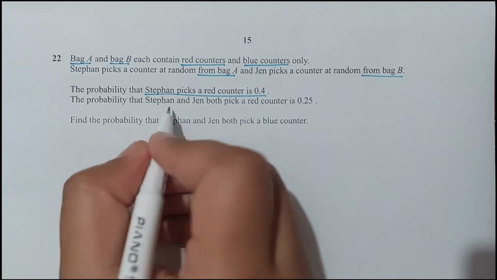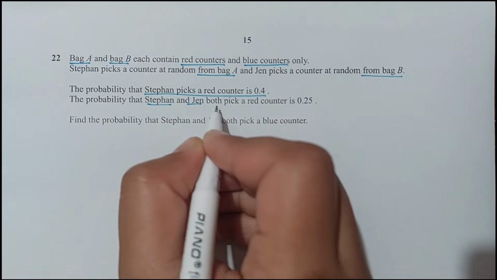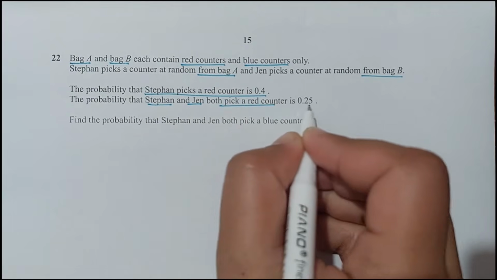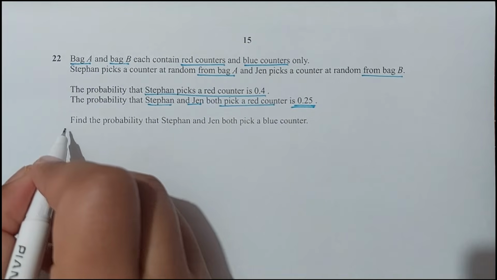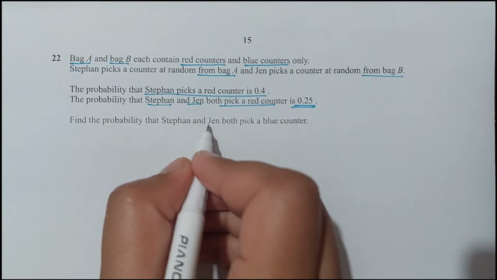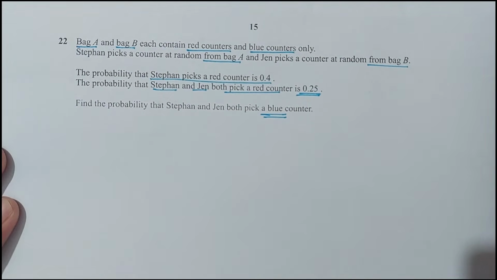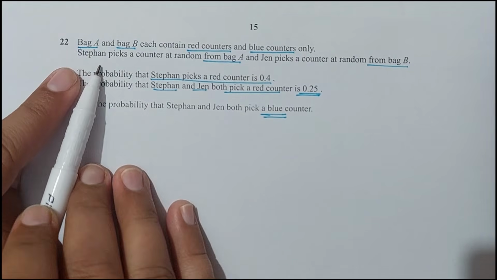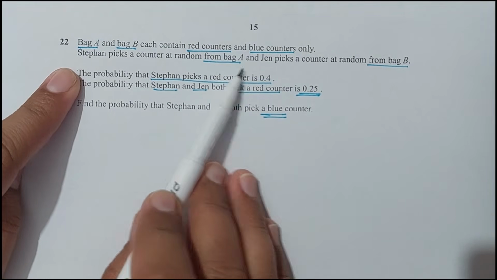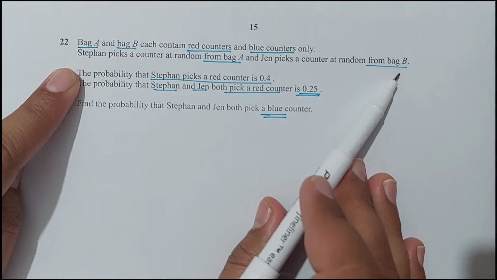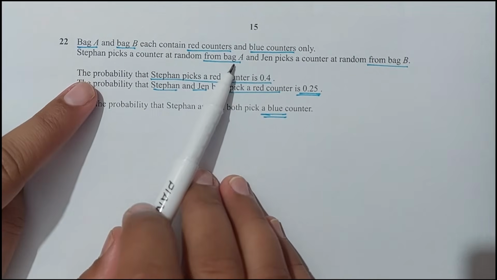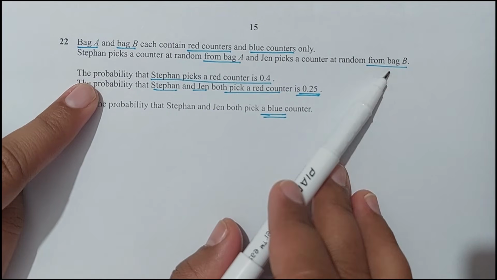The probability that Stephen and Jen both pick a red counter is 0.25. Find the probability that Stephen and Jen both pick blue counters. Keep in mind Stephen only picks from A and Jen only picks from B.